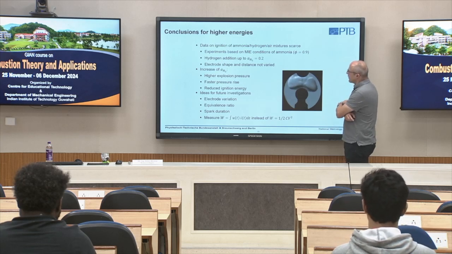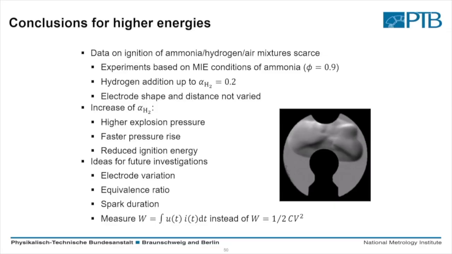So for higher energies, I've shown you that, of course, we also have to consider more factors when we want to describe the ignition by an electrical discharge in detail. So we still need, of course, energy. We need to know the losses.